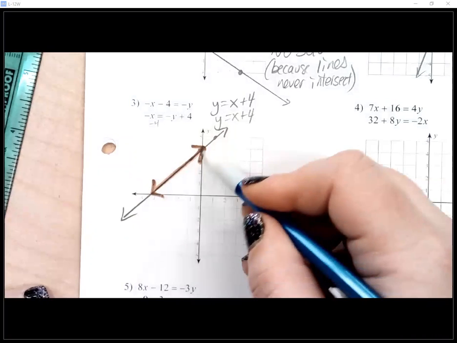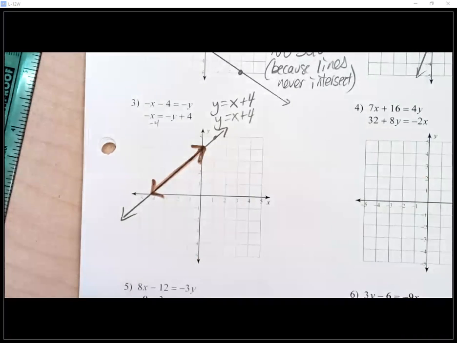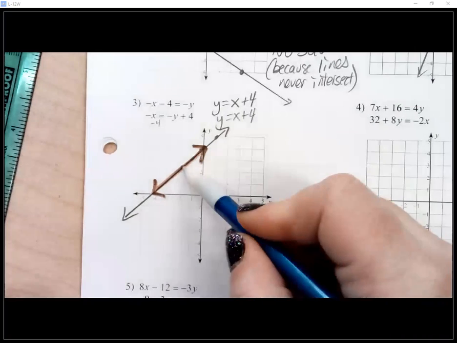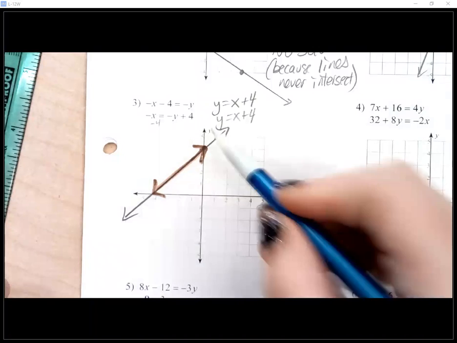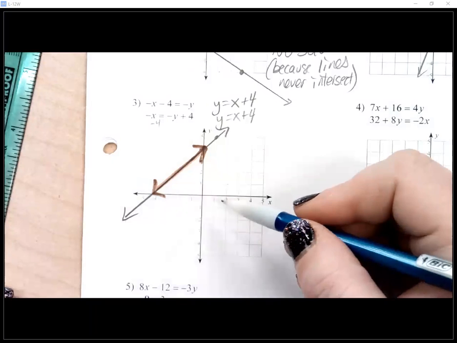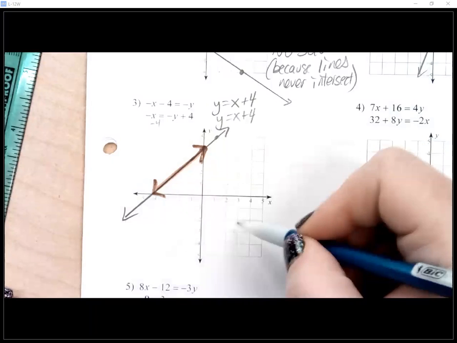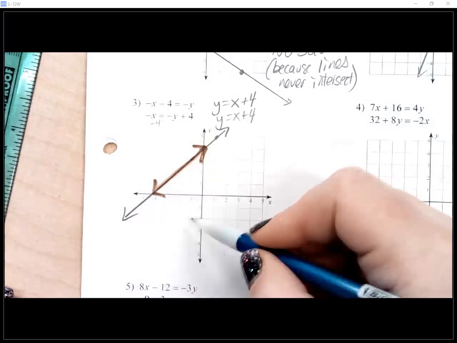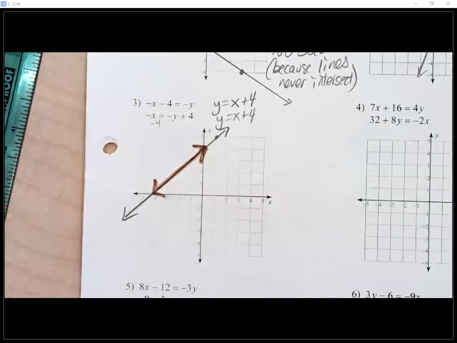You're never going to run out of solutions because the solutions are where they cross, and they cross everywhere on this line. But they're not crossing at every number that exists, right? They don't cross here at 3, 1. They don't cross at, I don't know, -1, -2. There's lots of numbers where they don't cross, so you can't say all reals, but you can say infinite solutions. Does that make sense? There's a big difference between the two.